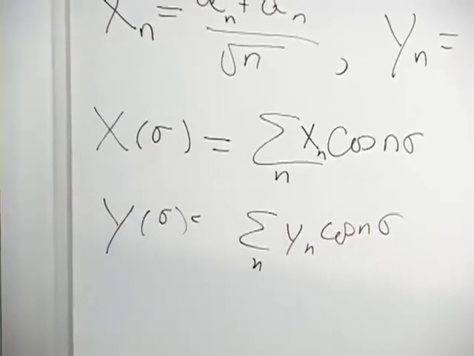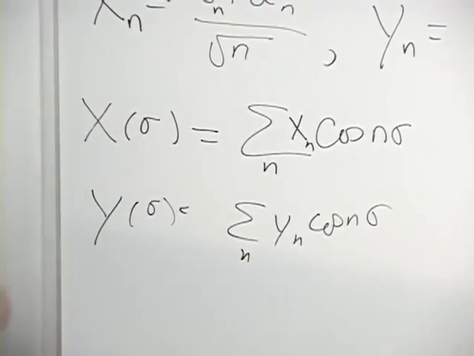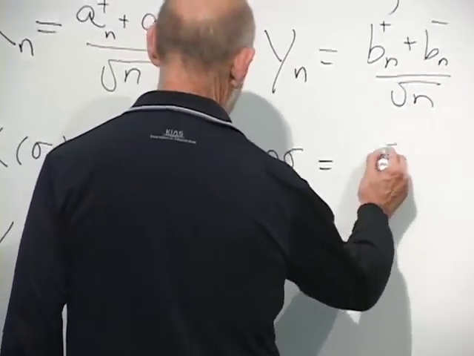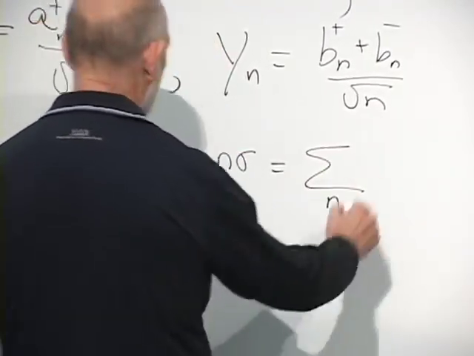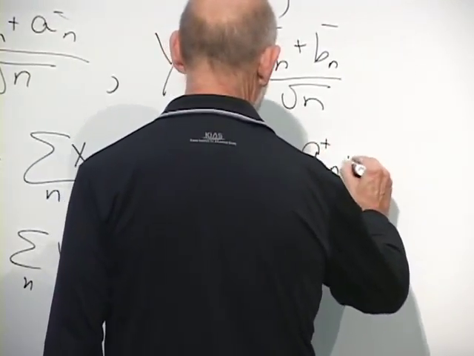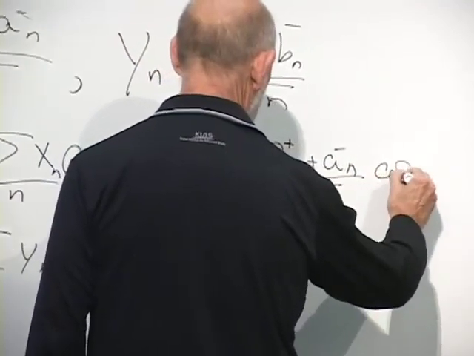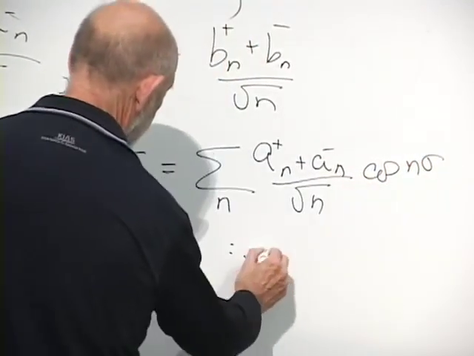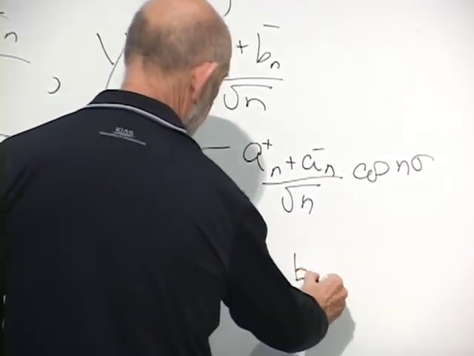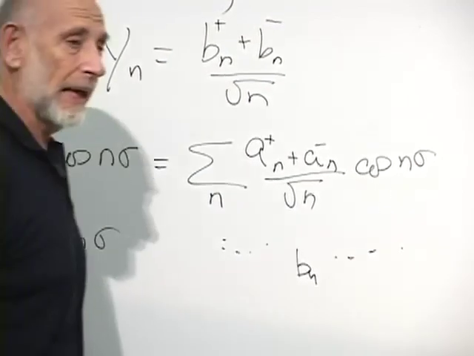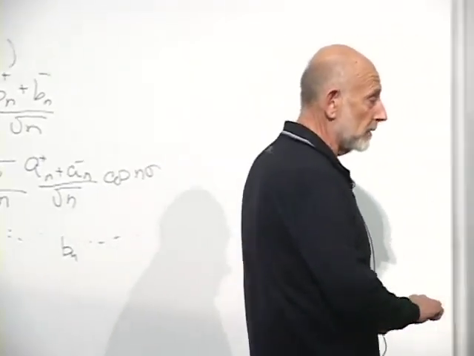And now we can write these coordinates in terms of creation and annihilation operators. We can write them as the sum over n of a plus of n plus a minus of n over the square root of n times cosine n sigma, and the same thing down here with b's. B sub n, and so on. Why is that interesting? Well, the best way to manipulate the quantum mechanics of harmonic oscillators is through the creation and annihilation operators.